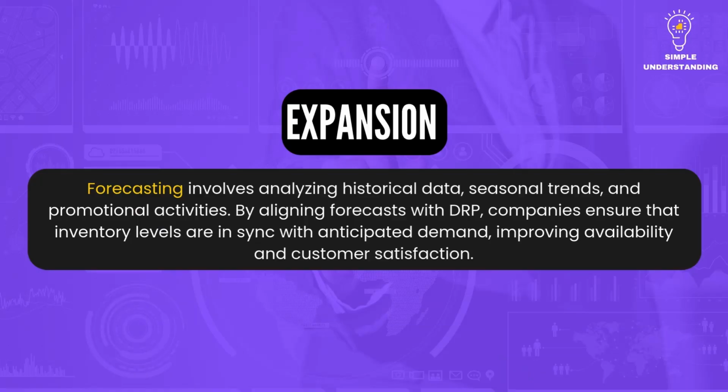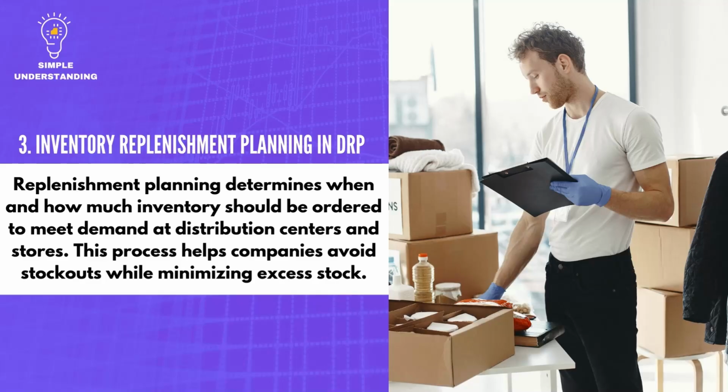Expansion. Forecasting involves analyzing historical data, seasonal trends, and promotional activities. By aligning forecasts with DRP, companies ensure that inventory levels are in sync with anticipated demand, improving availability and customer satisfaction.